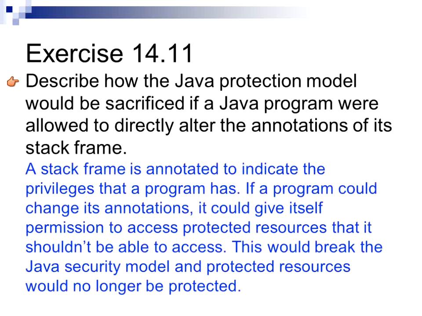Basically, a stack frame is annotated to indicate that a program has certain privileges. If a program could change its annotation, it could give itself permission to access protected resources that it shouldn't be able to access. This would break the Java security model, and the protected resources would no longer be protected.